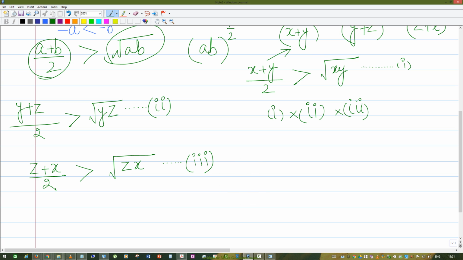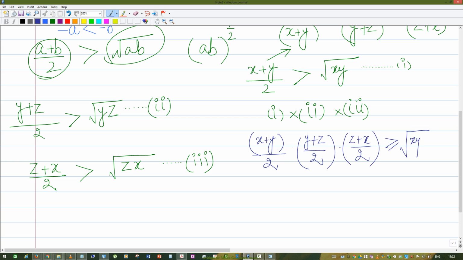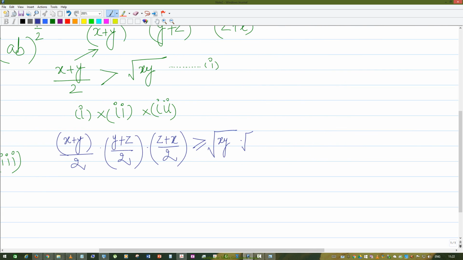So now we will get as the result: (x plus y) over 2, (y plus z) over 2, (z plus x) over 2, is greater than root xy multiplied by root yz multiplied by root zx.